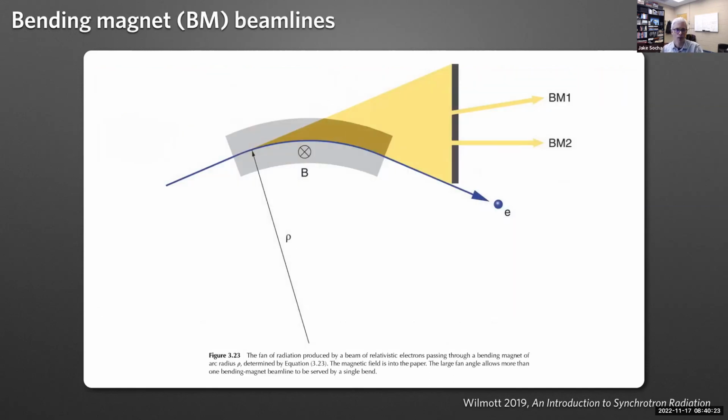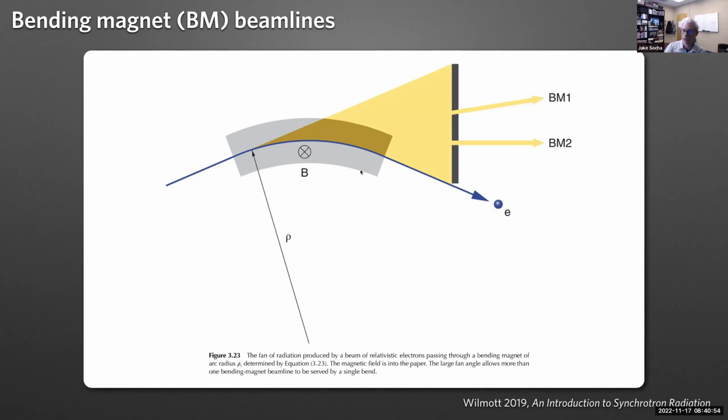Okay, so bending magnet beam lines. How they work is it's a giant magnet, and here the magnetic field is coming out of the plane of the slide, and so the electrons are passing through. The electrons are accelerated, so their direction is bent, and then you have this spray of radiation that comes out tangentially, and as a result, at a bending magnet beam line, you can actually get wide beam.